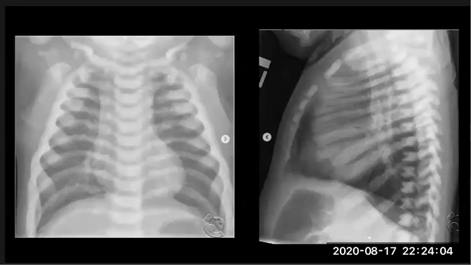How to differentiate between both? With the hand, there is acro-osteolysis in pycnodysostosis, but in osteopetrosis there is no acro-osteolysis. What do we call this sign here?